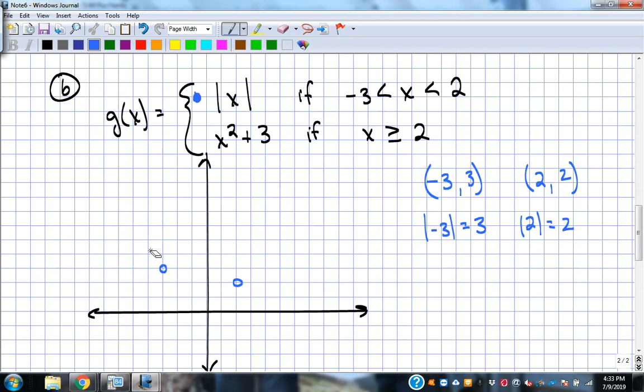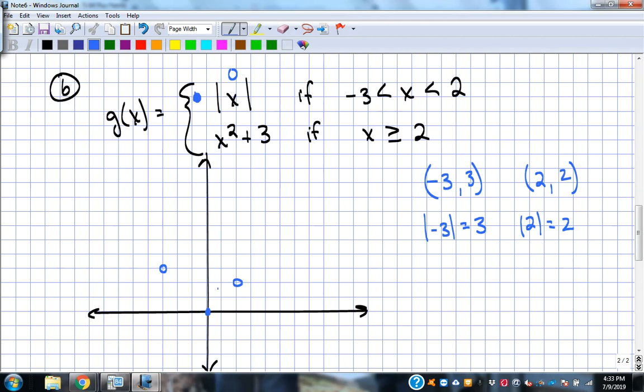So I need a few points. What do I know the shape of the absolute value graph is? Anybody remember? The V shape. Yeah, it's a V. In that particular equation, the corner of the V would be at 0, 0. If I plugged in 0 for x, the absolute value of 0 is 0, right?